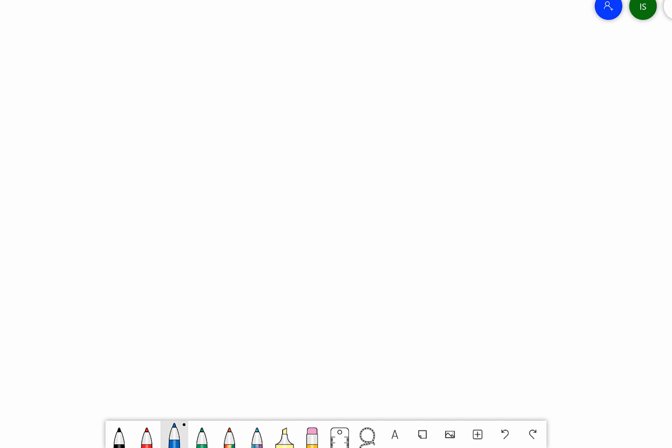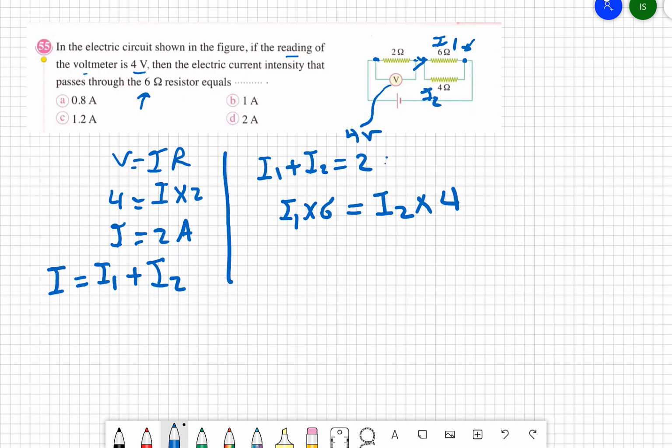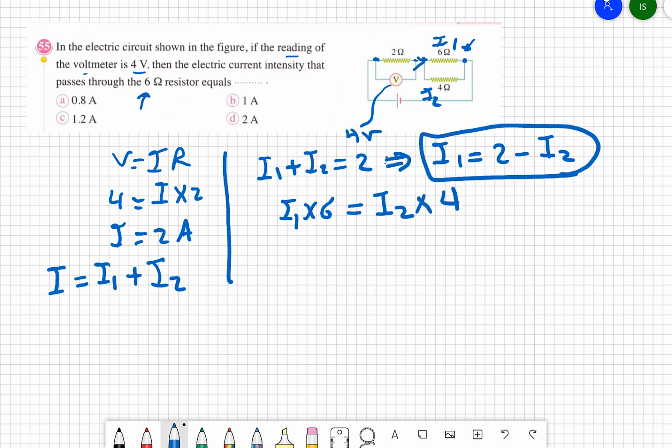So let's benefit from this. I1 equals 2 minus I2. But hold on, which current do you need to get? The current that moves in the 6 ohm. So you need to get I1. So make it I2 equals 2 minus I1.